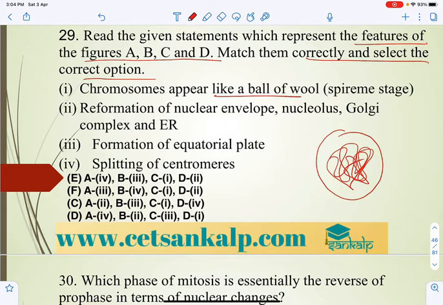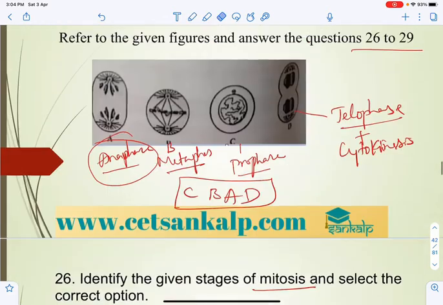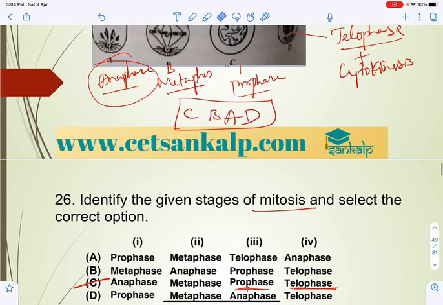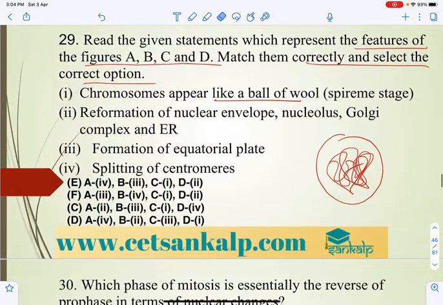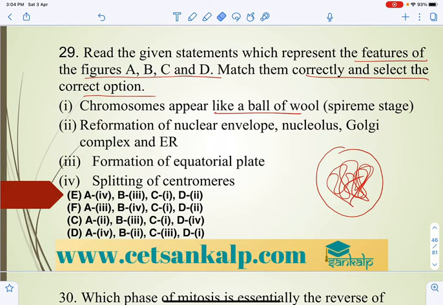Here in the diagram we can select which is the prophase, that is C. So the answer for that, in the given figures A, B, C, D, match and select. Chromosomes appear like, so that is a fourth stage. We'll take A4.